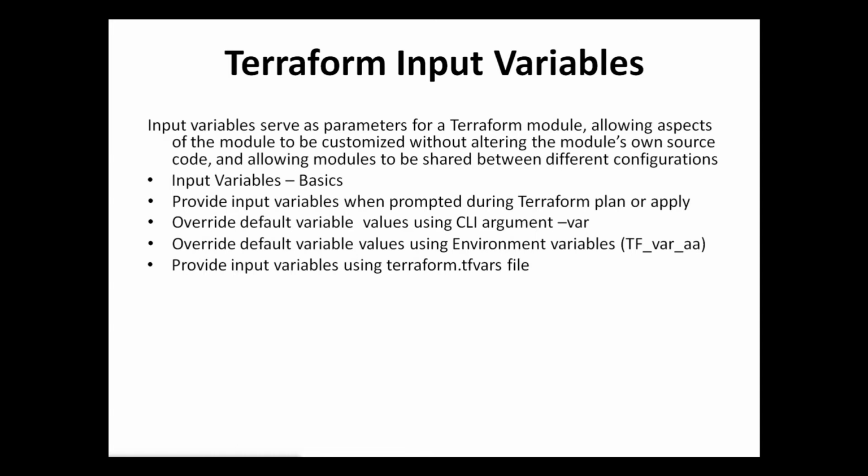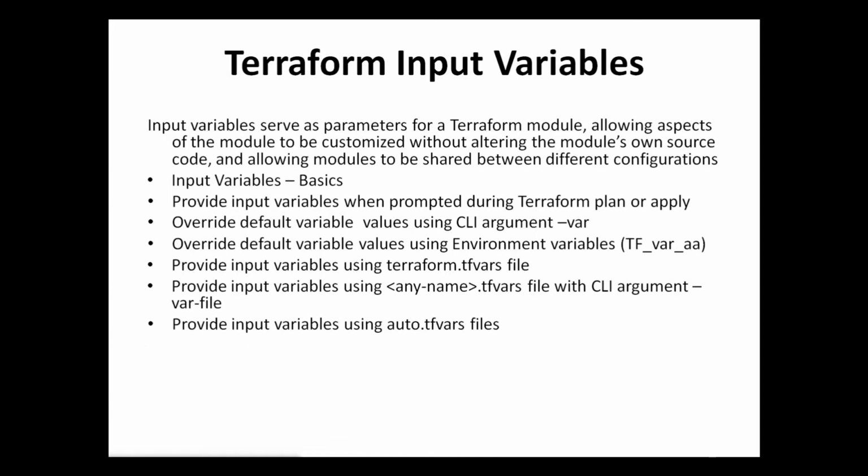By defining the values in the terraform.tfvars file, you can do that. Provide input variables using any name.tfvars with the CLI argument -var-file. With any name.tfvars file and the -var-file argument to a Terraform apply, you can do that. Or with a file name.auto.tfvars file, you can apply.